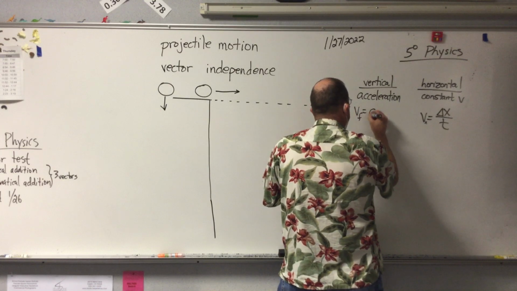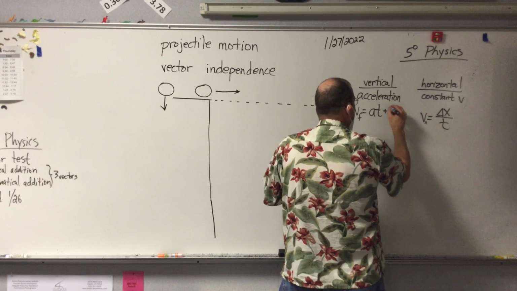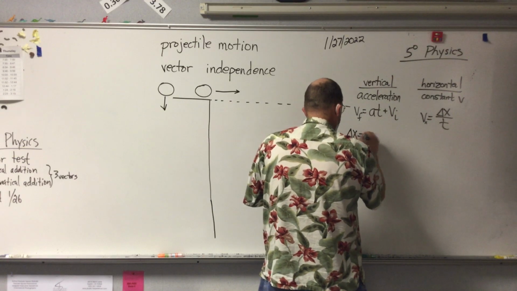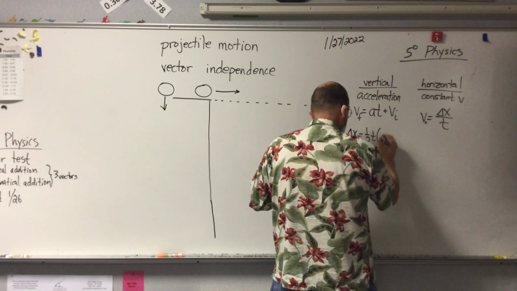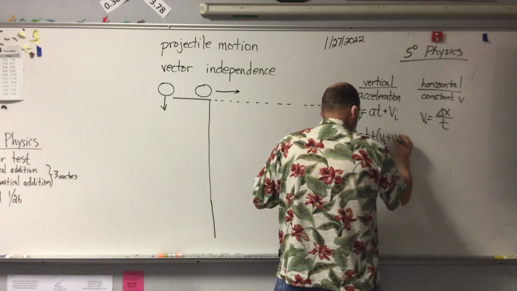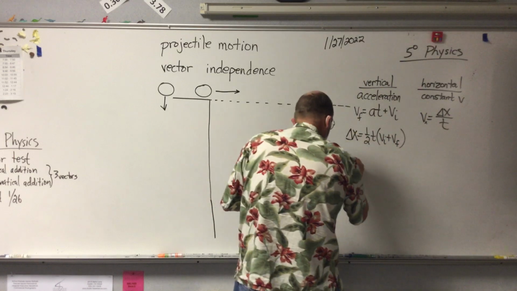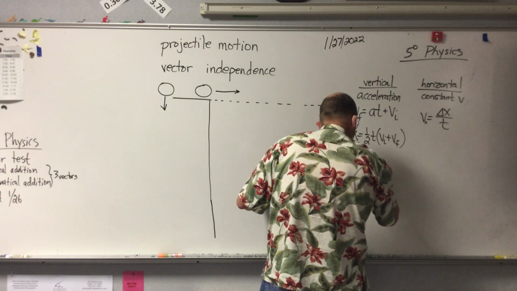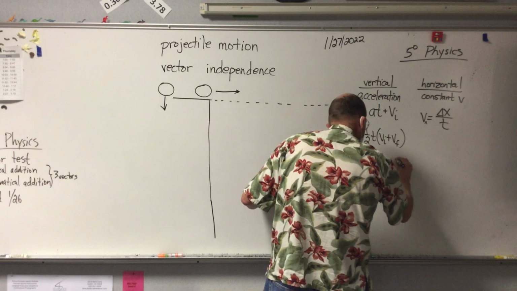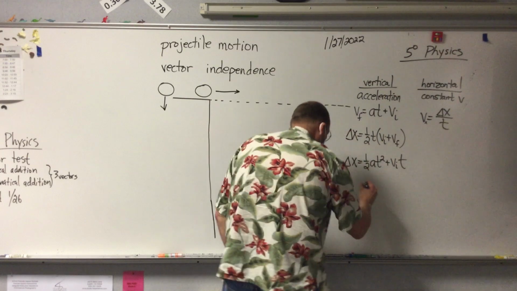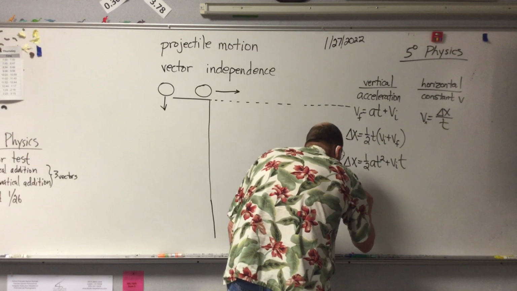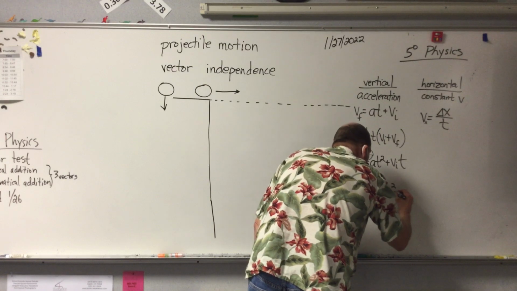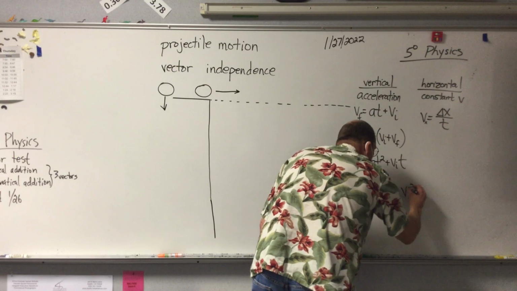Vf equals at plus vi. Then we did delta x equals 1/2 t (vi plus vf). Then we did delta x equals 1/2 a t squared plus vi t. And then we had 2a delta x equals vf squared minus vi squared.